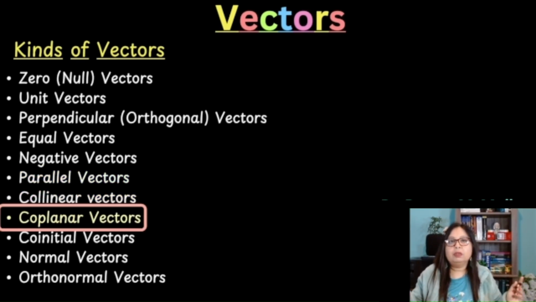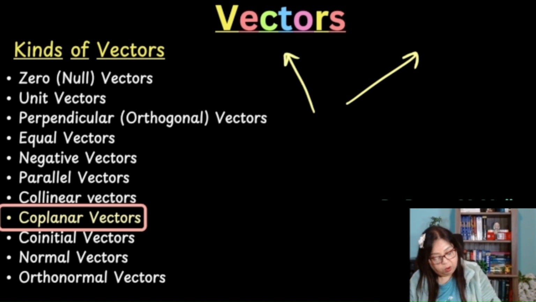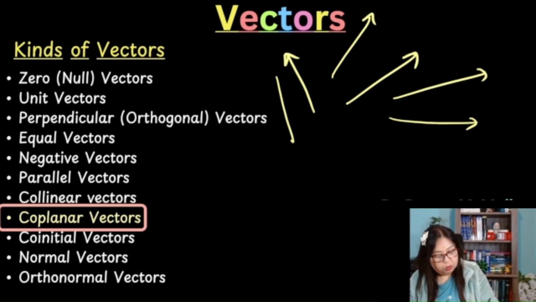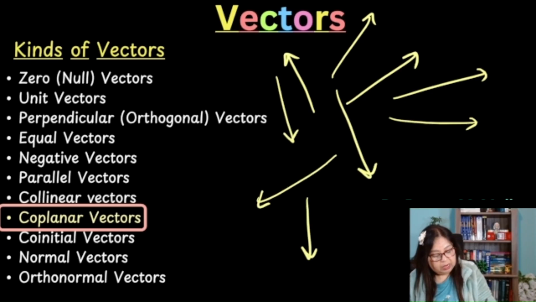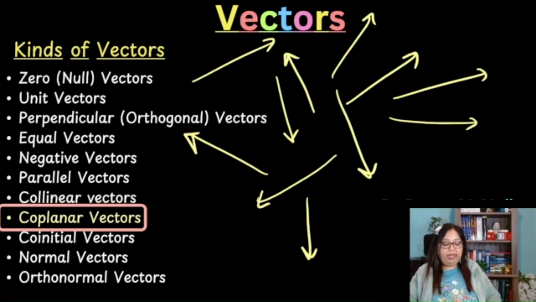Coplanar vectors. Duh, in the same plane, just like all the vectors I'm drawing here. I'm drawing them on the same computer screen. So these are all coplanar. None of these is equal or parallel or anti-parallel or negative or perpendicular or zero.